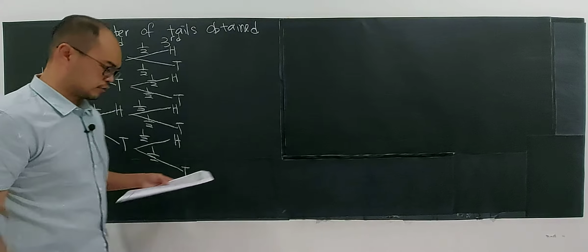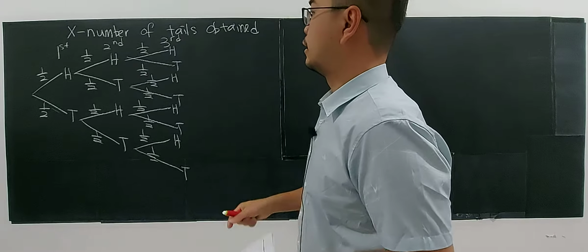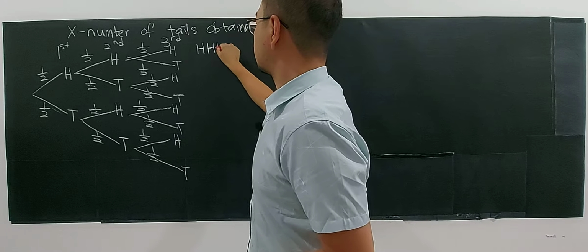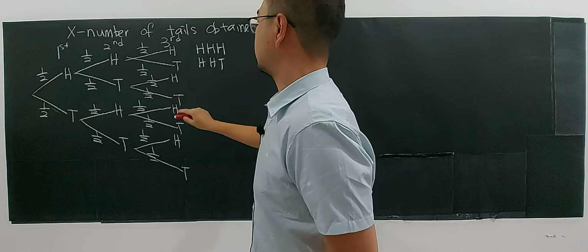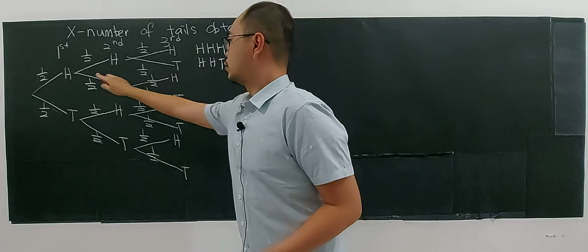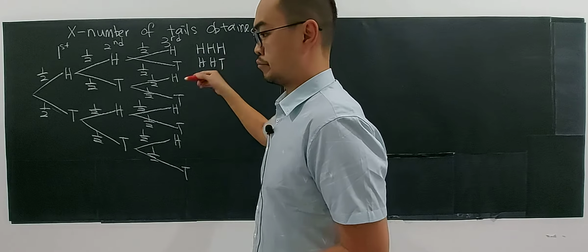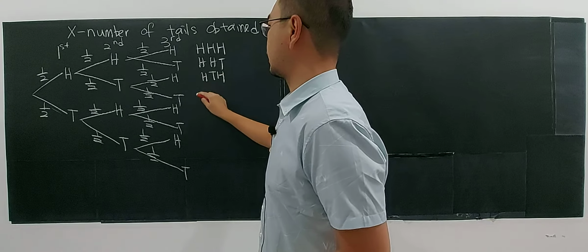This tree diagram helps us list out all the possibilities. You have 3 heads, and then 2 heads and 1 tail. For the third branch, the first coin is head, the second coin is tail, then the third is head.